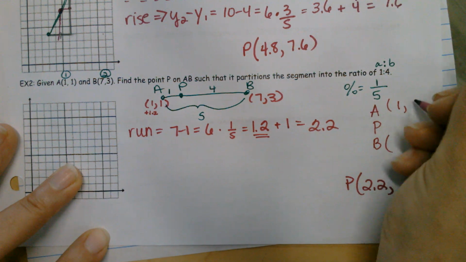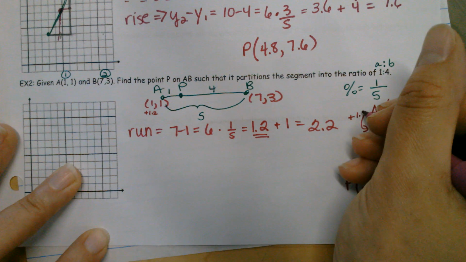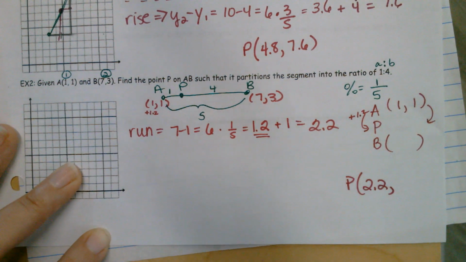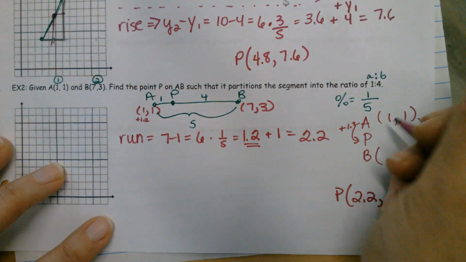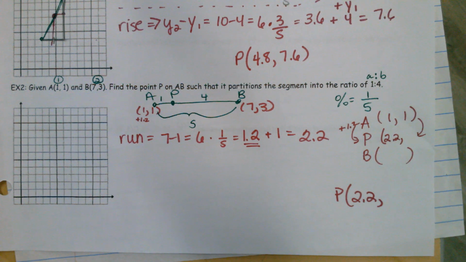A is at (1, 1). We need to add 1.2 to the x's, and then we're going to figure out what we add to the y's. So P is going to be 2.2.